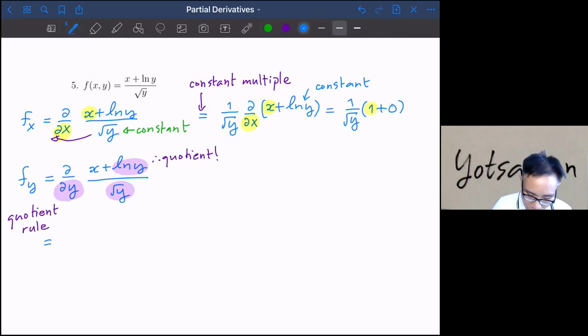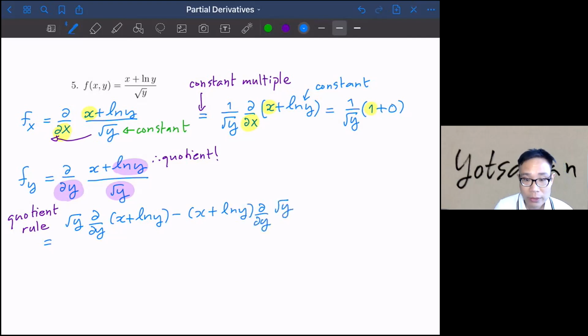So you just use the quotient rule. It's going to be the bottom times the derivative of the top, minus the top, which is x + log y, times the derivative of the bottom, d/dy of root y, over the bottom squared. So this one will be root y times d/dy of (x + log y).